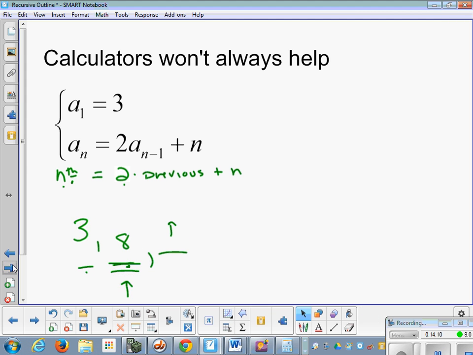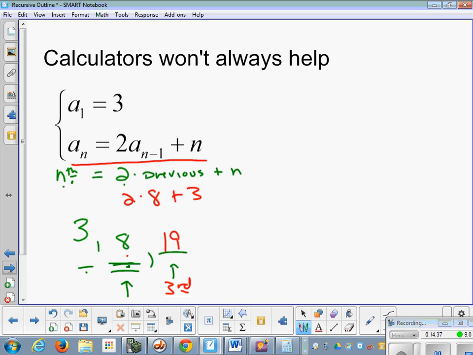In order to find the third term, okay, I'm going to go 2 times the previous term, 2 times 8, plus, what term am I looking for? 3. That must be 19. Wow. That's pretty convoluted, okay? A lot of stuff going on here.